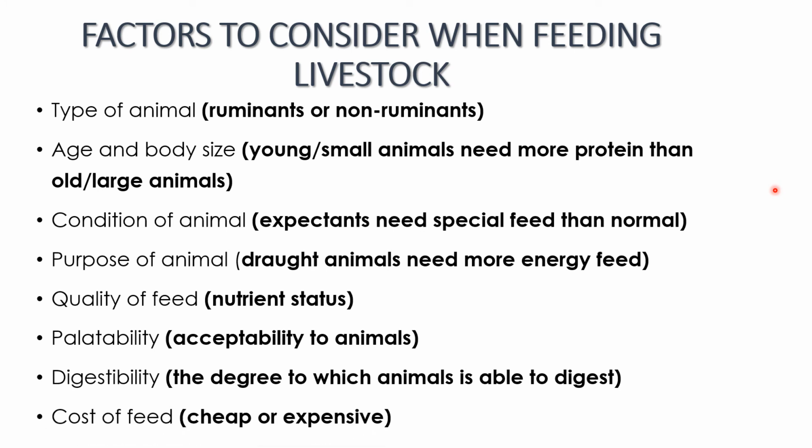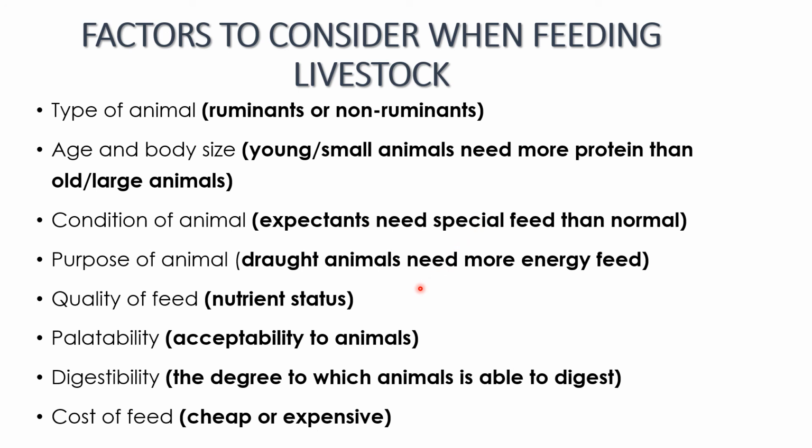And lastly, we can also look at cost of feed. Definitely, we have those feeds which are cheap and locally available, and those which are expensive, which we buy from the shops. So this is one of the factors the farmer will also consider: cost of feed.